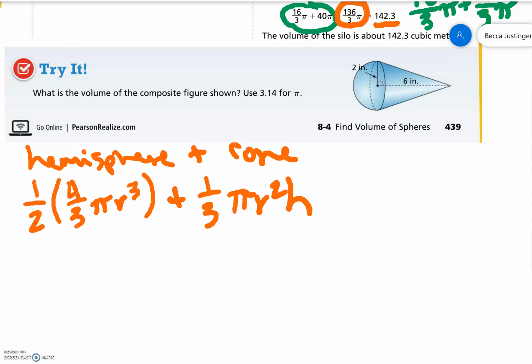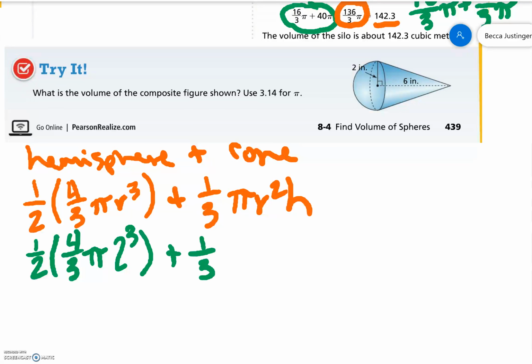So our first step is to write our formula. Second step is to substitute. So we're going to keep that 1/2, keep the 4/3. Let's keep pi and change it to 3.14 at the end so we don't have to round as much. And the radius is 2 to the 3rd power, plus 1/3. Again, we're going to keep pi until the end. 2 squared times height, which is 6.